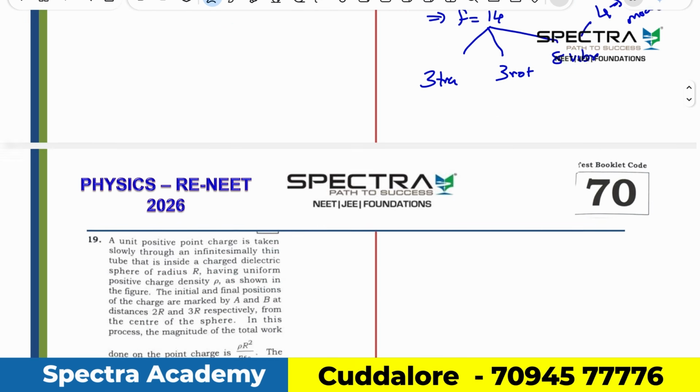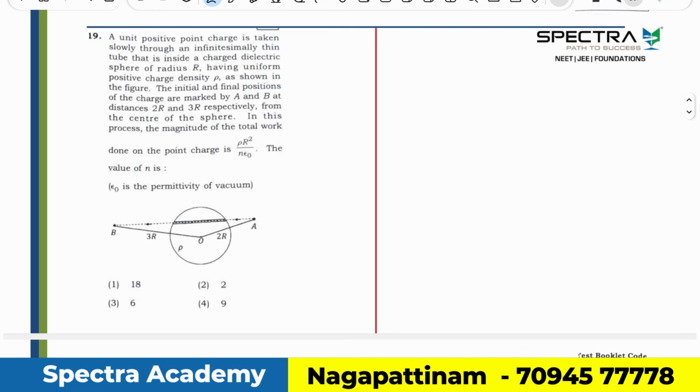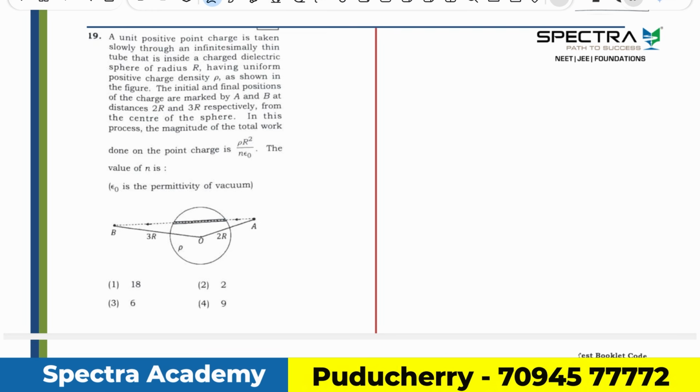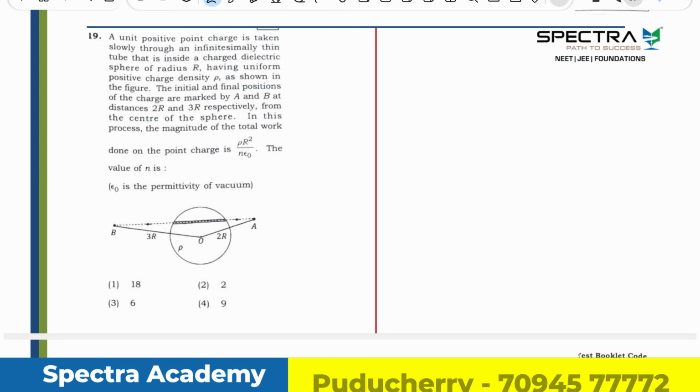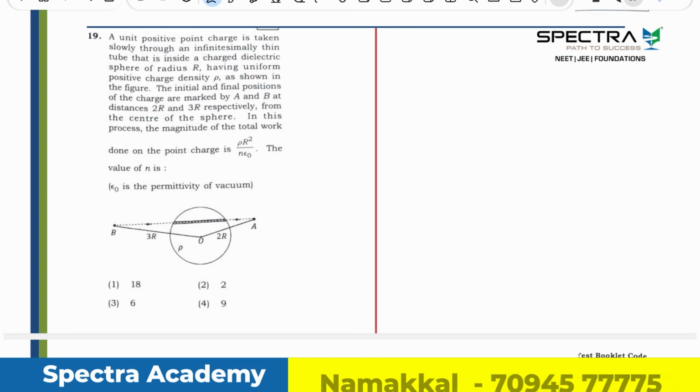Now going to the next question. Question number 19. A unit positive point charge is taken slowly through an infinitesimally thin tube that is inside a charged dielectric sphere of radius capital R, having uniform positive charge density rho as shown in the figure.